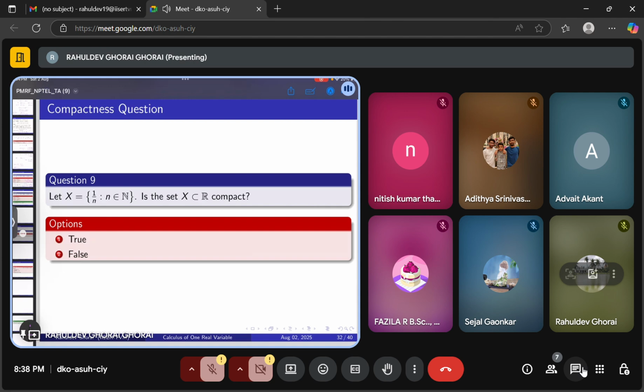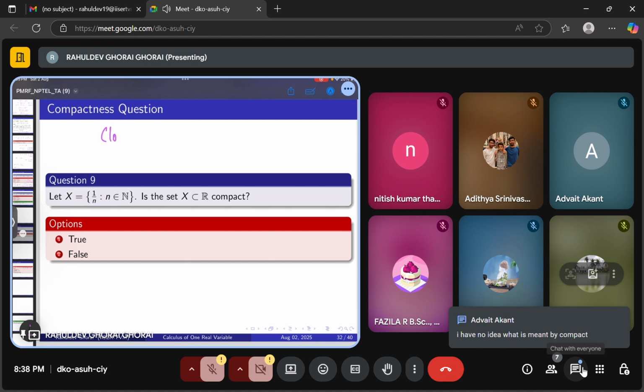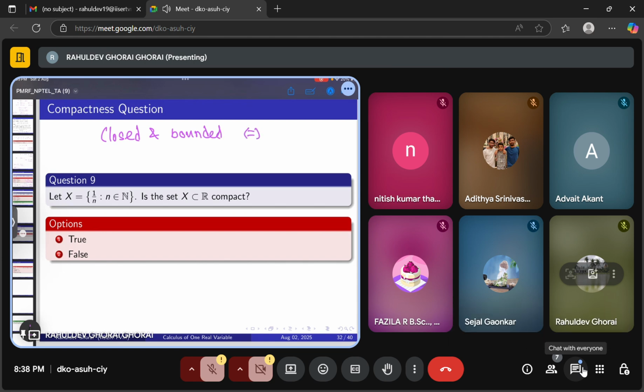This one, you know what a compact set in the real numbers is? In the real numbers, compact sets are nothing but closed and bounded sets. Compact in real numbers.